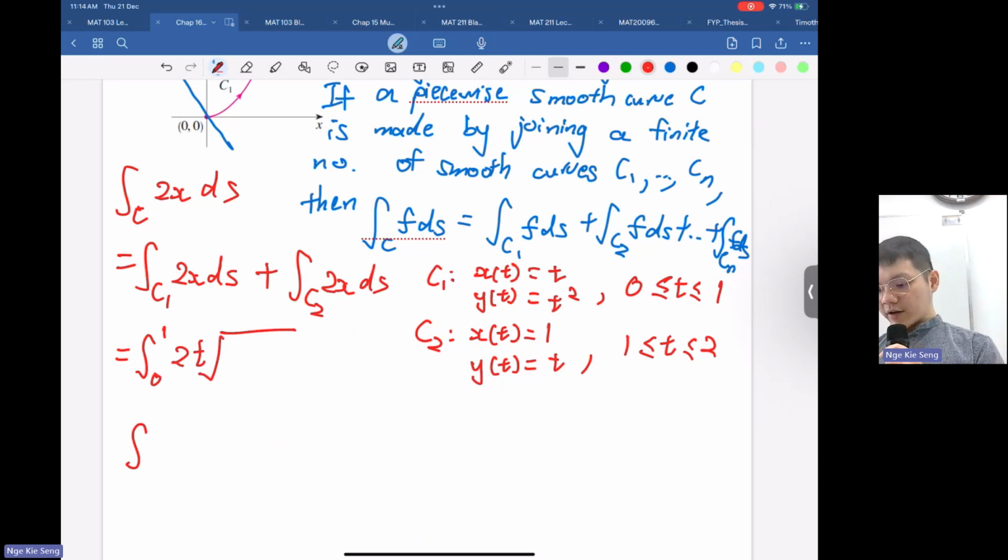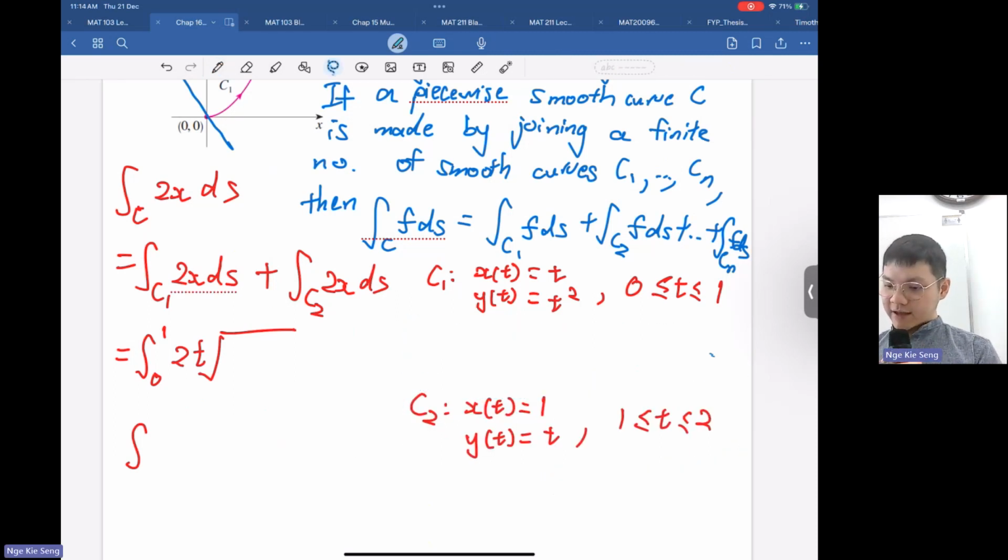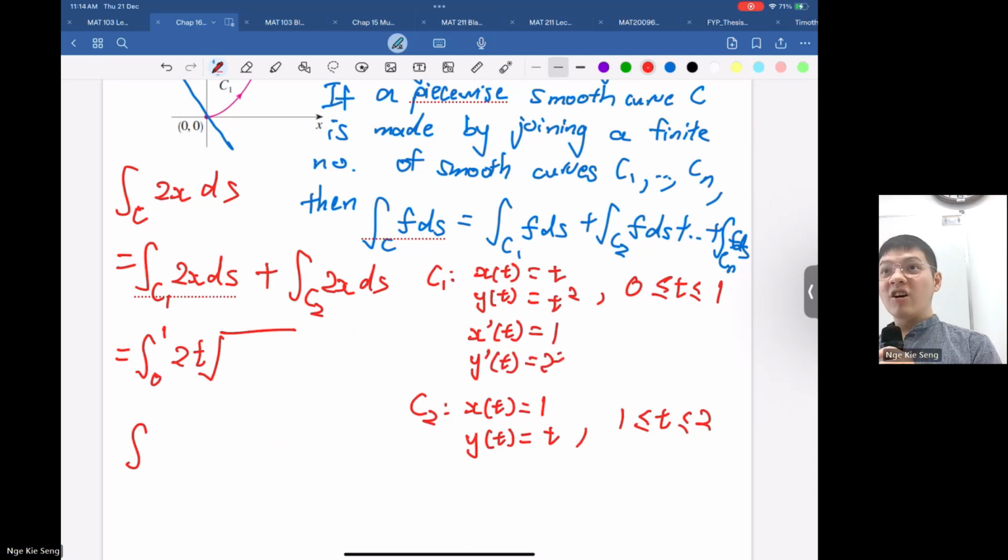And then square root of x prime t squared, so we need x prime t as well, and we also need y prime t. So it's 1 squared plus 2t squared, and then dt.